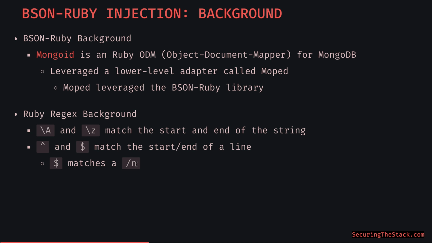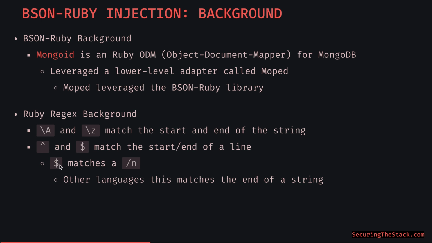In other words, this is basically a way of getting injection. But here is the confusing part and why it's hard within Ruby for some individuals: in other languages, this $ matches the end of a string. So some developers can get this flip-flopped, and it can cause some vulnerabilities.